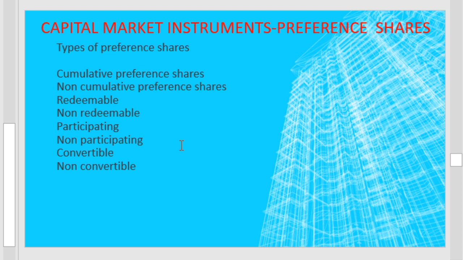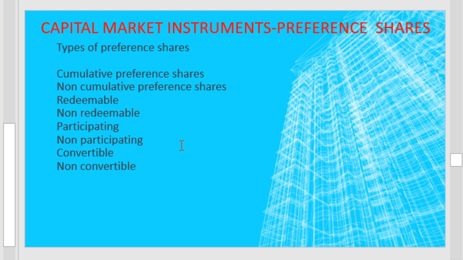Here, the first one is cumulative, that is, dividends as well as arrears can be accumulated over the years. If arrears cannot be accumulated, it is known as non-cumulative. Redeemable shares can be redeemed or repaid after the expiry of a fixed period.